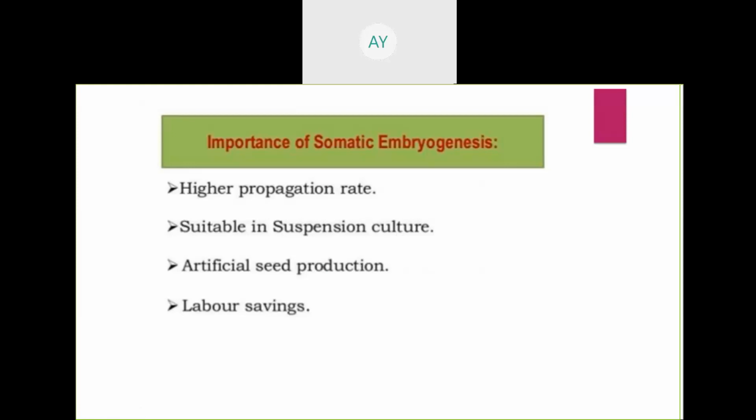So the application of somatic embryogenesis is the rapid multiplication of the same quality of plant, the same number of plants, meaning multiplying the plant at a very fast rate with the same quality through somatic cells, not reproductive cells. In the case of artificial seed production, the somatic embryogenesis process is utilized.